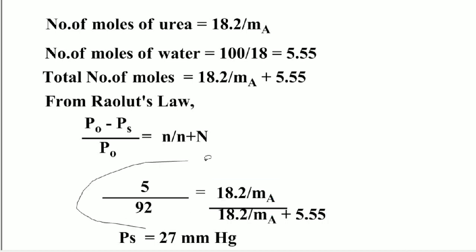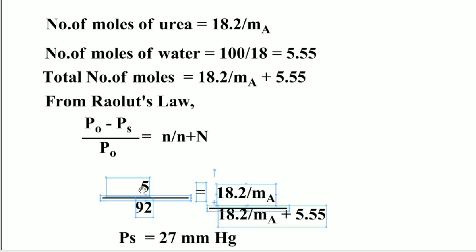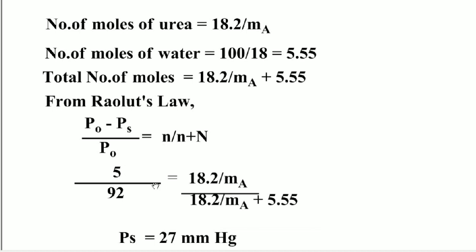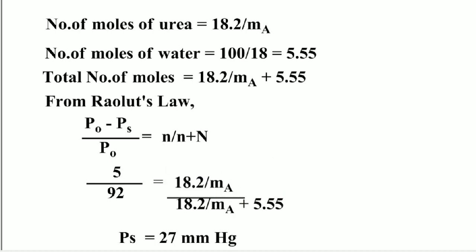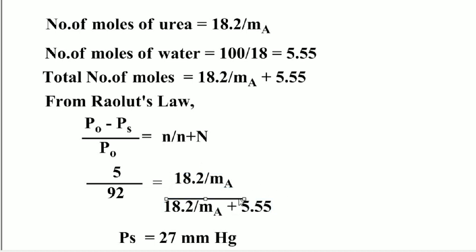Now students, by substituting all the values into (P naught minus Ps) by P naught equals mole fraction of solute, the equation becomes 5 by 92 is equal to 18.2 divided by MA, by 18.2 divided by MA plus 5.55.